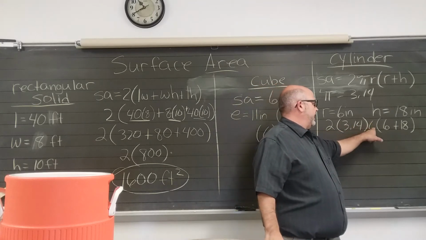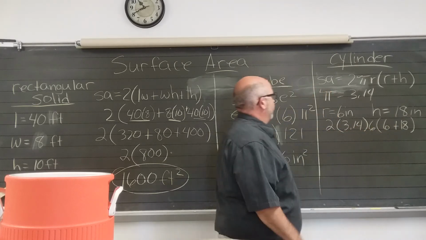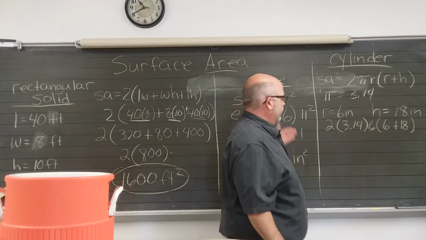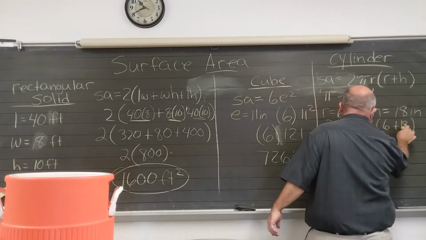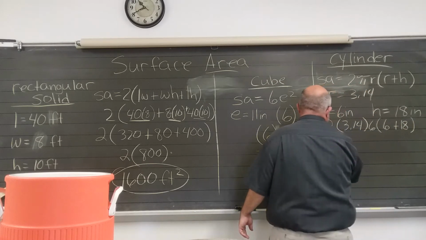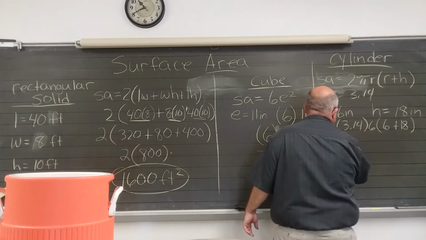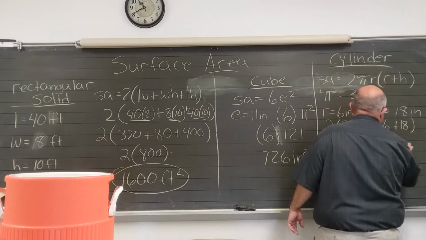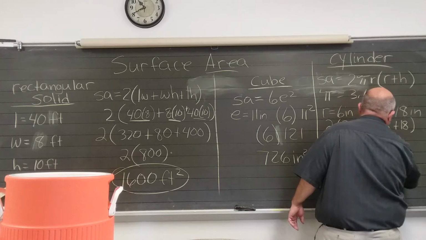Pi, radius, height. Follow the formula carefully. Now first of all, you need to solve this, right? So let's keep everything the same, and then 2 times 3.14 times 6 times 6 plus 18, 24.